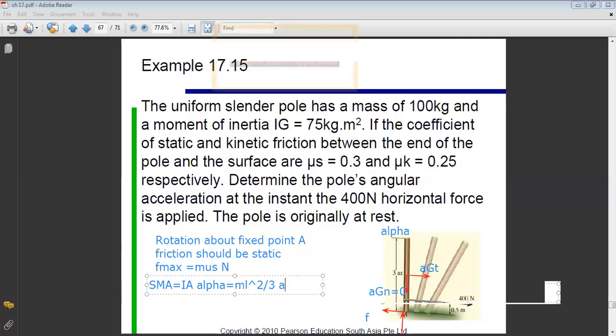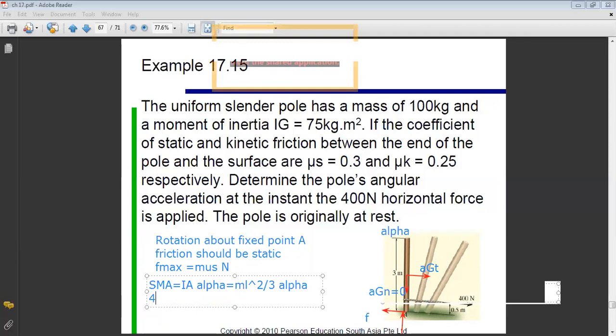Times alpha. This is my first equation. What are the forces doing a moment about A? AG, please pay attention, AG is not a force. Friction, no, because friction passes through A, normal passes through A, and the weight also passes through A, so only the 400 horizontal force is doing a moment about A. And I will choose the clockwise direction as positive.